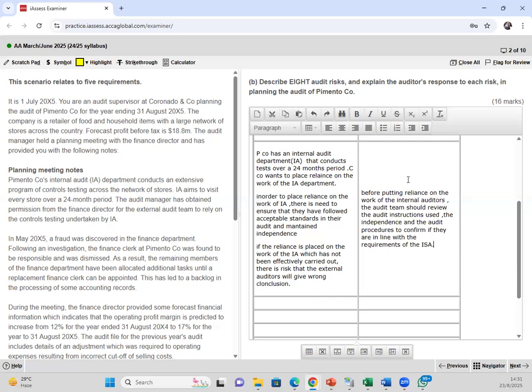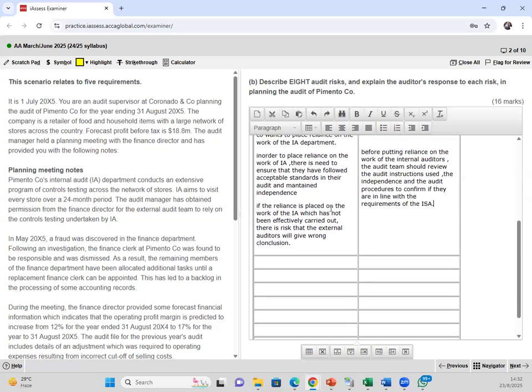We need to confirm that. Did they conduct their audit with independence? Did they use the right procedures? Were they instructed to audit all the areas, or they were just instructed to audit? Were they instructed to carry out a detailed review, or it was not a detailed review? That's the first one.